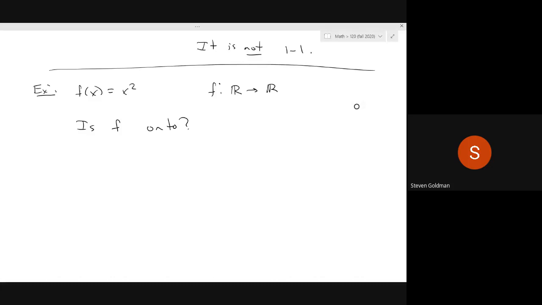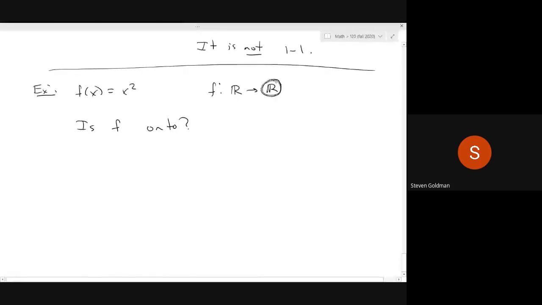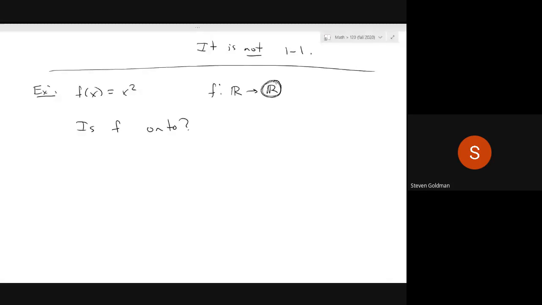Okay. So my question is this: are there numbers in the codomain? The codomain here is the set of real numbers. Are there numbers in the codomain that my function can never equal? And if so, what are they?